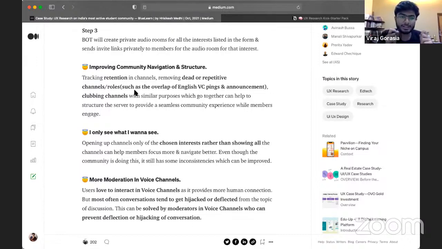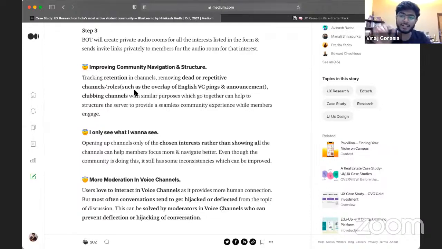One thing a researcher needs to know is that a solution can be a very small solution. BlueLearn has 26 bots already in their server. When I'm saying this, while we did the research, there might be more by this time. But how can adding one bot make a difference, right?